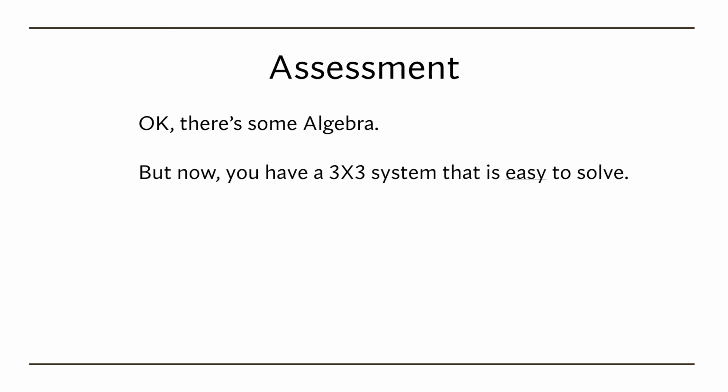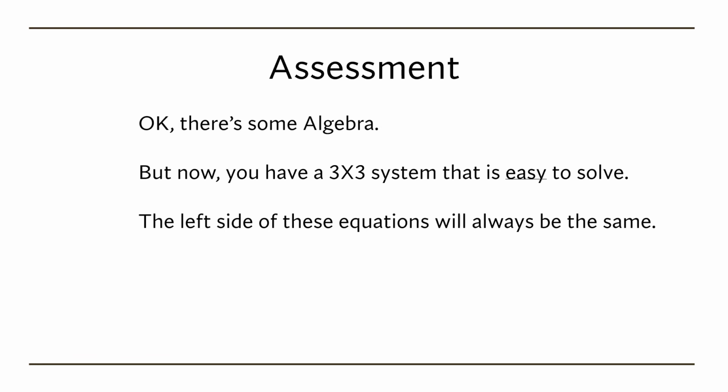But the good news is that you have a 3 by 3 system that's fairly easy to solve. All of the c components have a coefficient of 1, and so it's easy to eliminate those. And the other nice thing is that the left side of all of these equations will be the same no matter what quadratic sequence you try to solve.